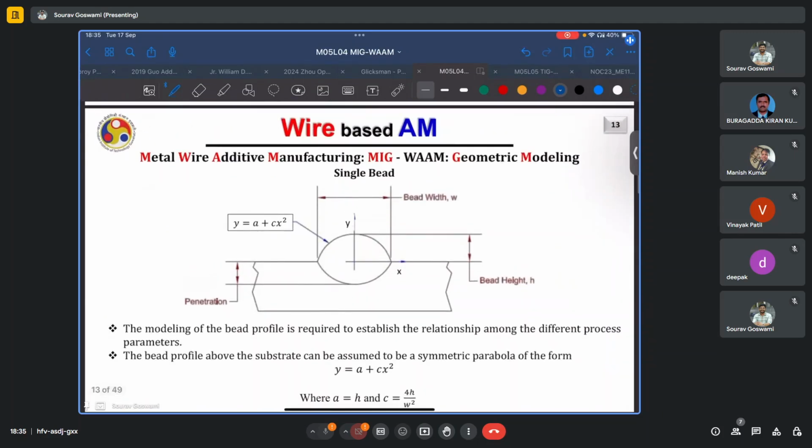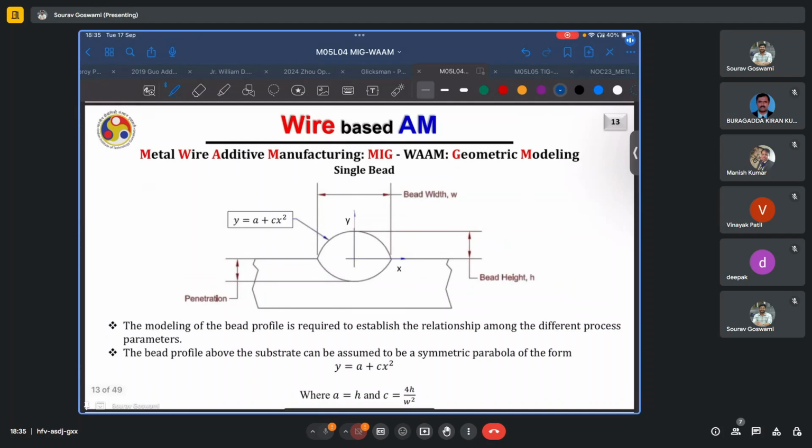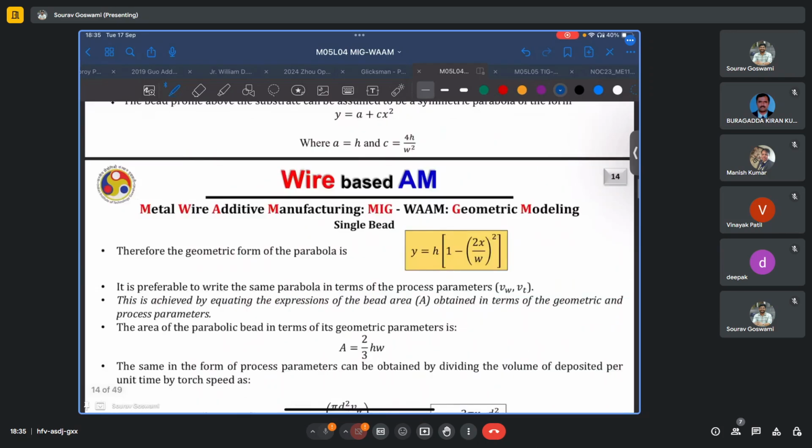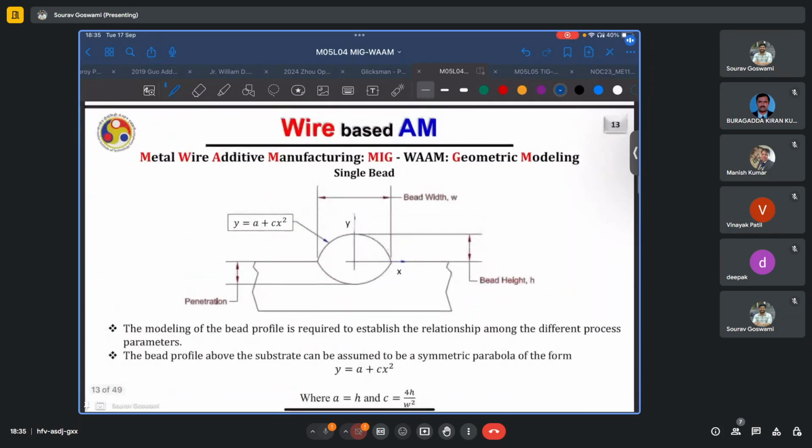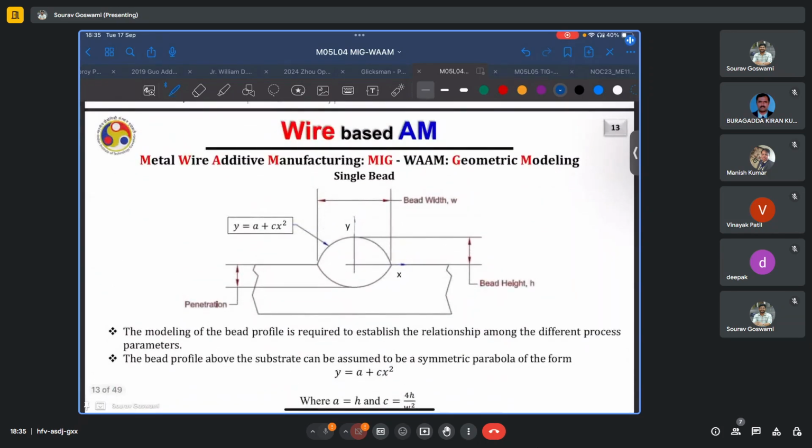Some simple or basic geometric modeling of the bead characteristics was also discussed. And here you typically assume that the build profile above the substrate for the deposition is in the form of a mathematical parabola, and we express this parabola in terms of the known parameters or the measurable parameters, which are the height of the bead and the width of the bead.